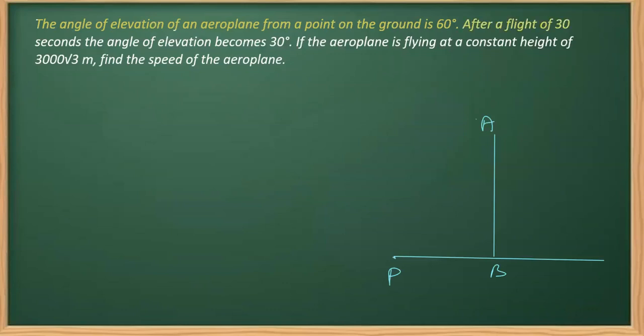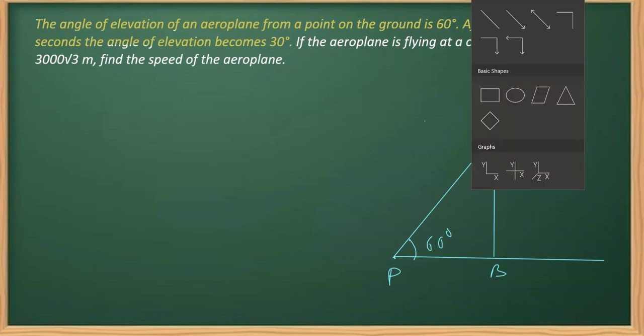After a flight of, first we should make the angle of elevation, which is 60 degree in this case. So let's make an angle of elevation as it is given in the question, and that is 60 degree. Now, after that, it says that after 30 seconds, the angle of elevation becomes 30 degree.